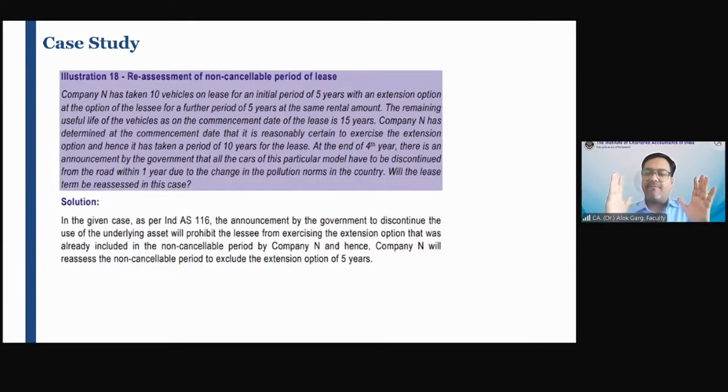So whenever I am debiting my lease liability, I need to credit my right of use asset to that extent. And to whatever extent right of use asset is there, I have to credit my right of use asset. If any differential is there, it has to be charged to the P&L. Okay.